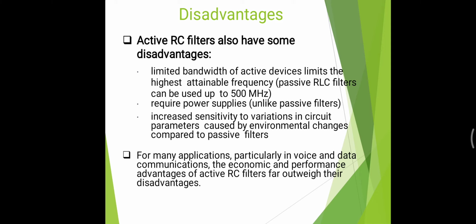We can say up to 500 Hz. It requires power supplies, unlike passive filters, and has increased sensitivity to variation in circuit parameters caused by environmental changes compared to passive filters.